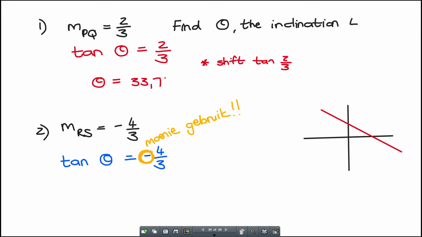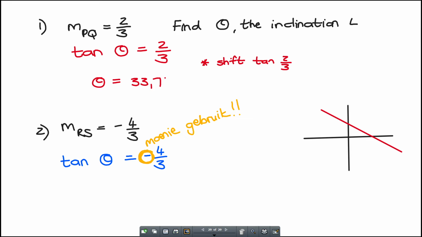Sê nou maar ek gebruik, ek gaan vir jou iets check. Tan minus 4/3. Okay. Tik gou vir my in jou sakrekenaar in, daai negatiewe hoekie. Use the negative angle. So press shift tan and then minus 4/3.